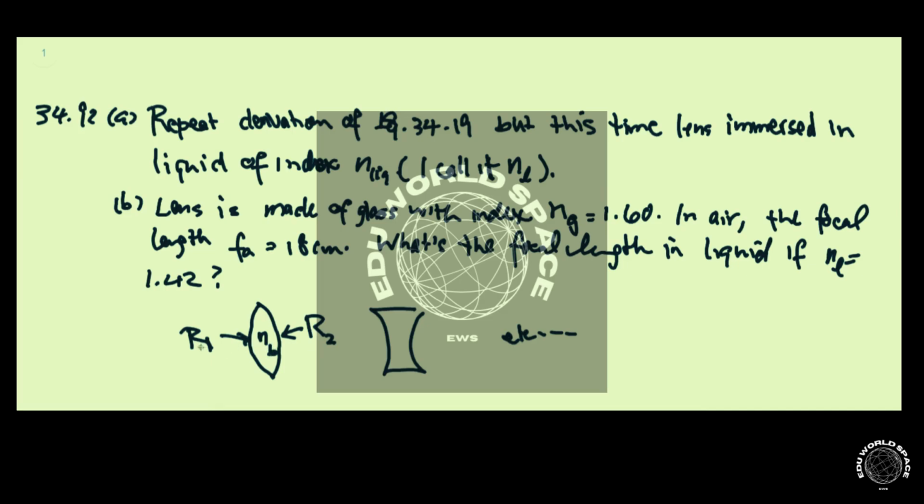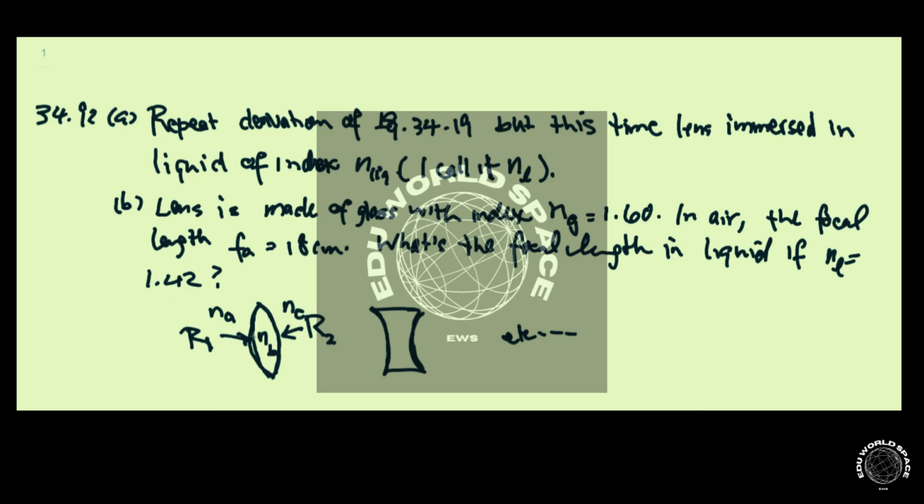For this case, let's call the lens material NB, and on this side there could be a material that's NA, and on this other side there could be a material that's NC. So there are two interfaces, one associated with R1 and another associated with R2. Same thing for the diverging lens, or a meniscus lens or whatever.